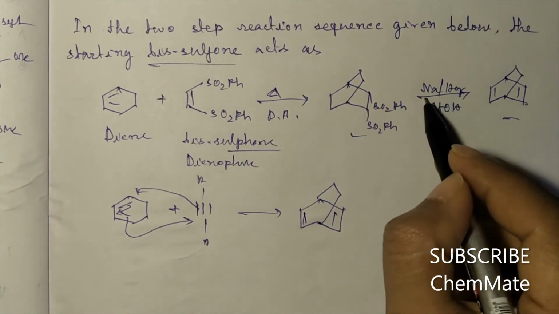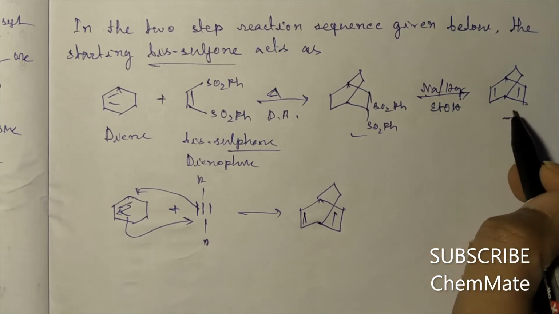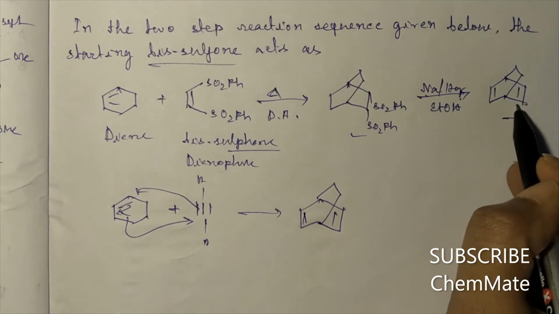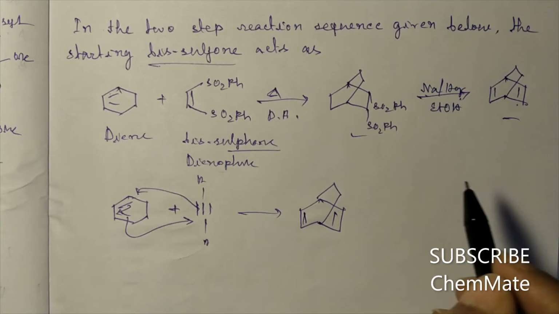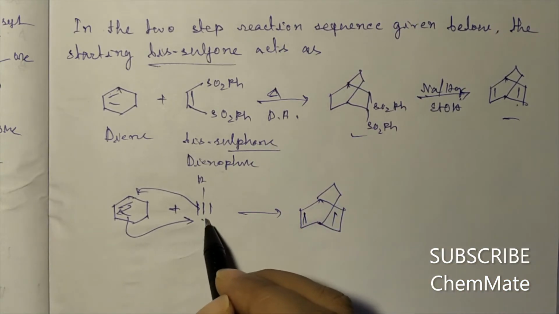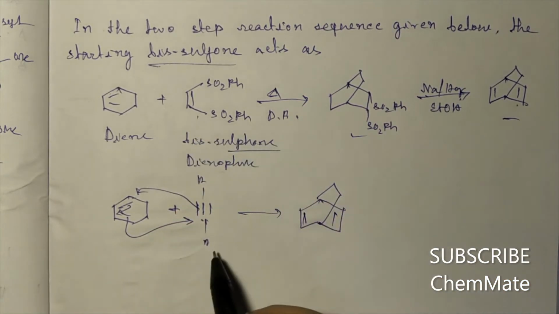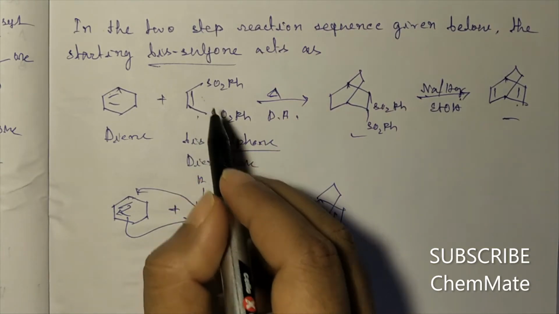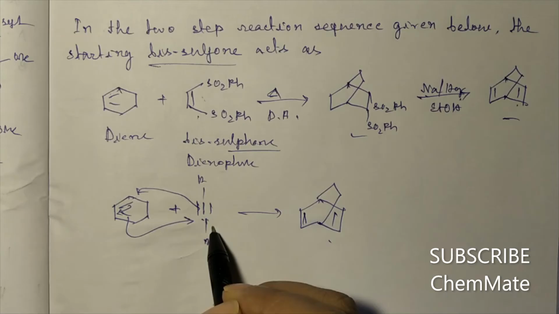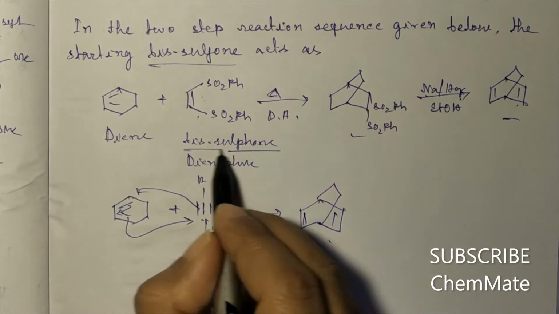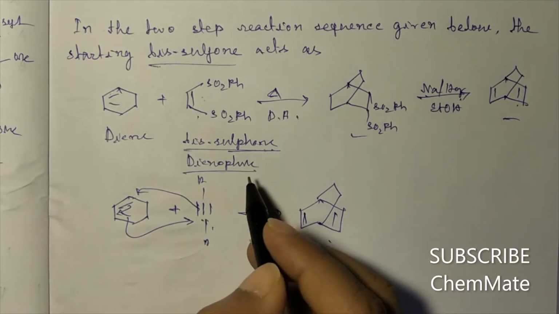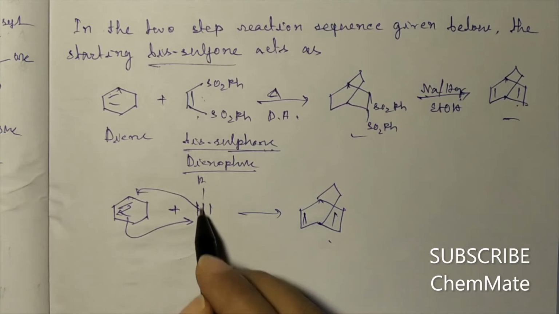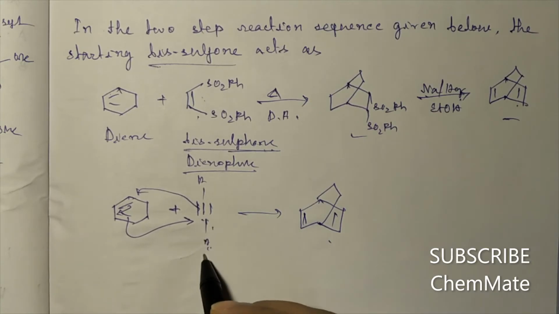This compound is reduced with sodium amalgam, and it will be converted to this. If we use acetylene instead of this, we get the same product. So this is the synthetic equivalent of acetylene actually. So this bis-sulfone acts as a dienophile here, as well as a synthetic equivalent of acetylene.